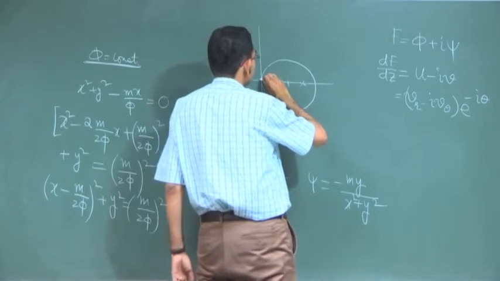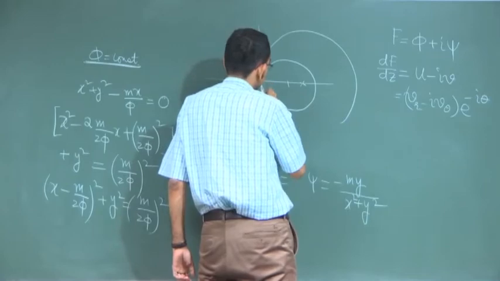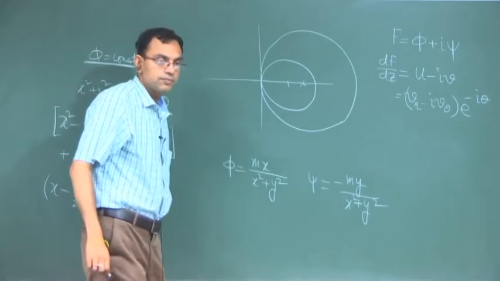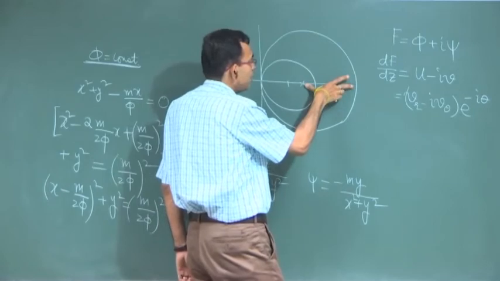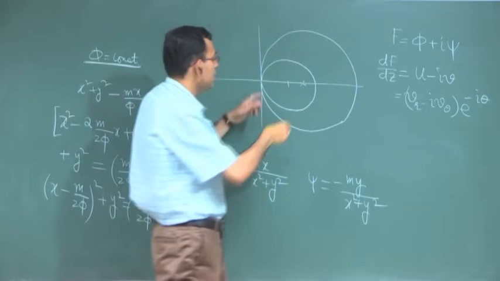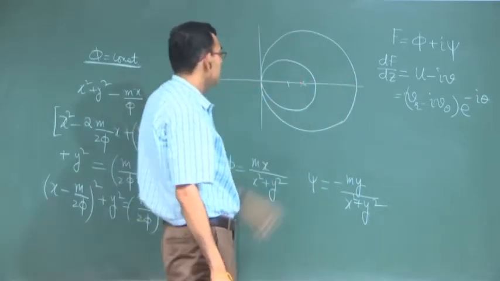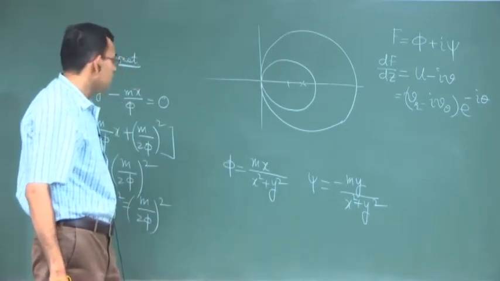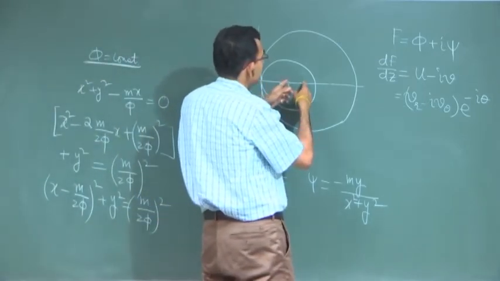So, that will be a bigger circle like this. So, m by 2 phi, this is also m by 2 phi, I mean this is hand sketch, this may not look exactly the same, but this is m by 2 phi, this is m by 2 phi and the center is m by 2 phi comma 0. So, in this way, let us say this is some value 1, this is 1.5 like that.